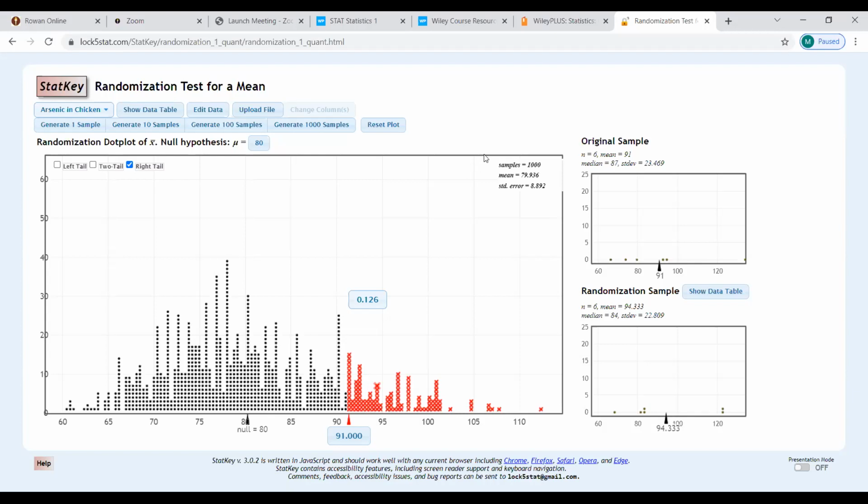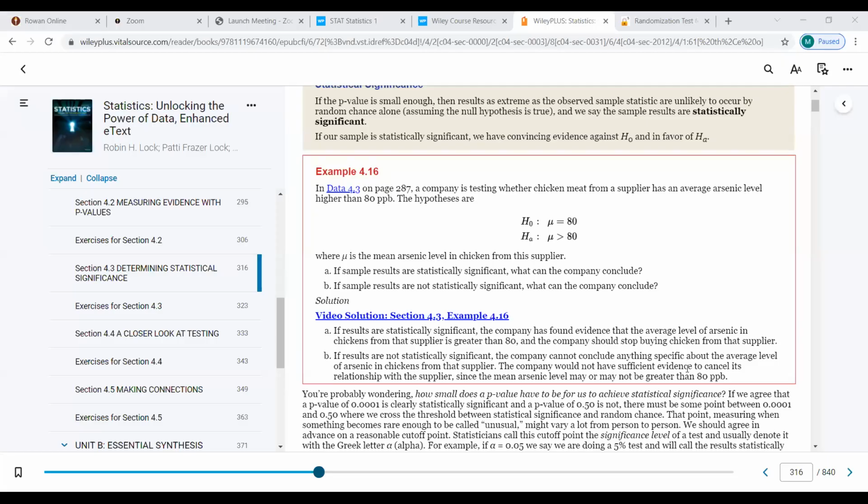All right, so let's go back to the book. So, not enough evidence in this case to cancel the relationship with the supplier.